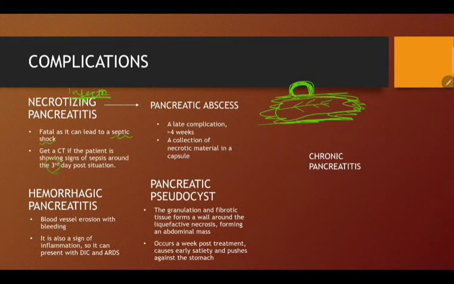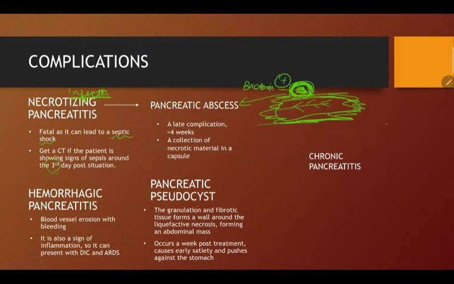And if that happens, and the necrotizing tissue starts pooling in here, if it walls off, now it's just the necrotic tissue along with bacteria like E. coli, Klebsiella, Enterobacter, right? If that happens, it's known as an abscess.